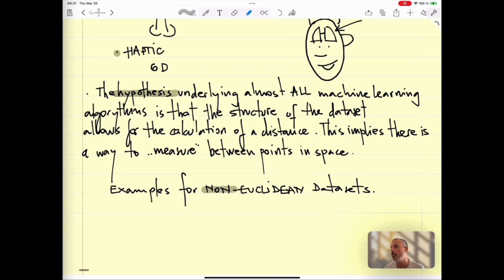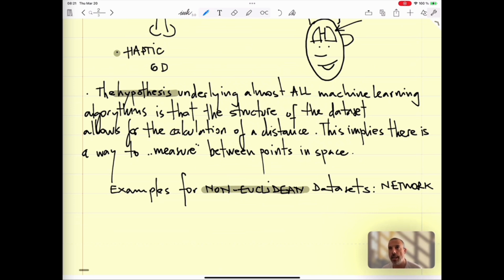The paradigmatic example is a network. We are here in a lecture of business intelligence.